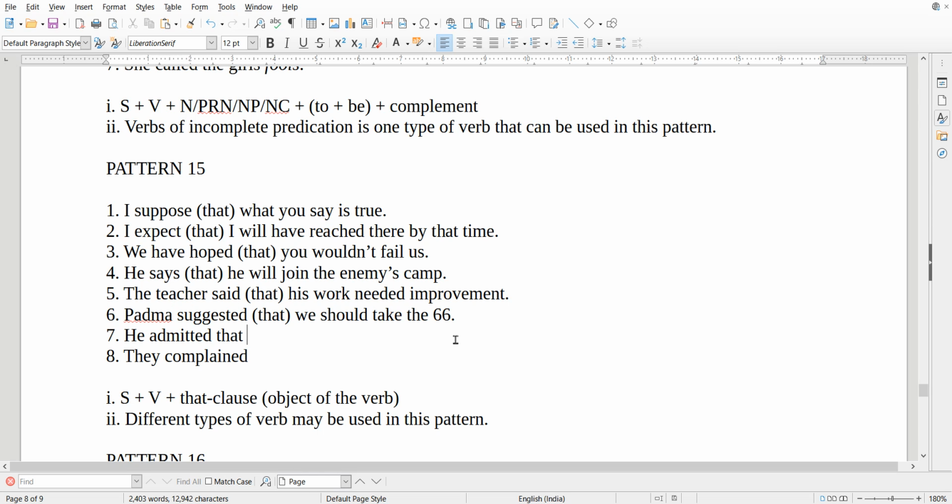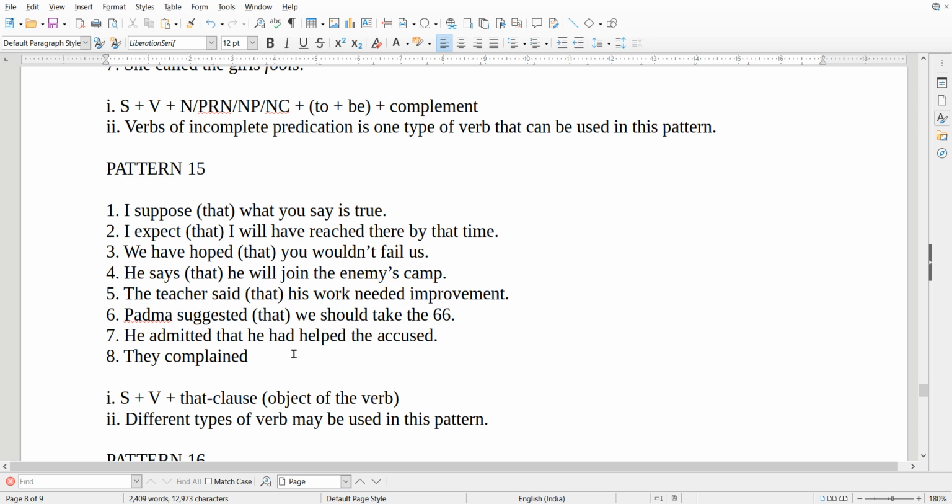He admitted that he had helped the accused, for example. Here the accused refers to someone who has been blamed for some act or crime.